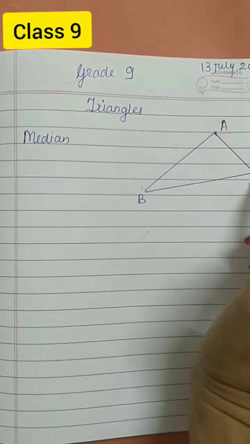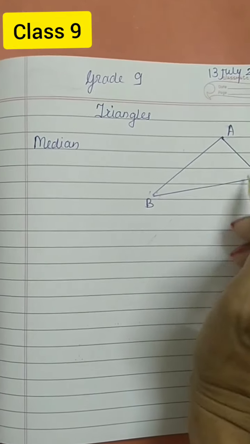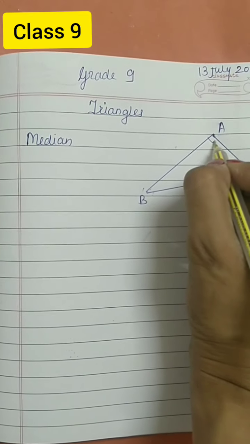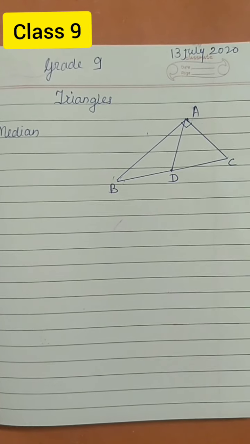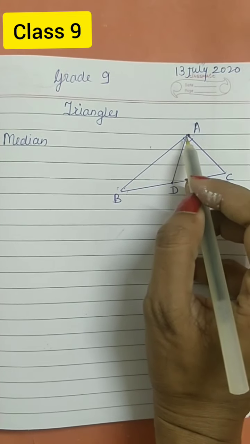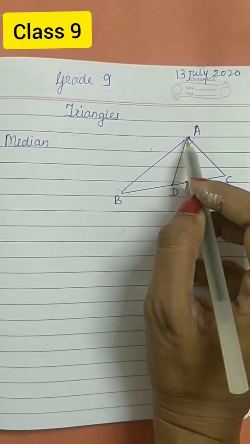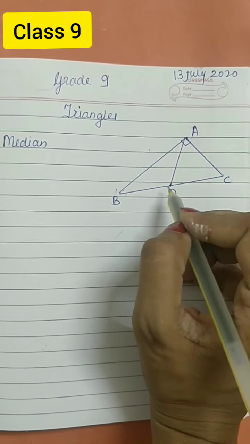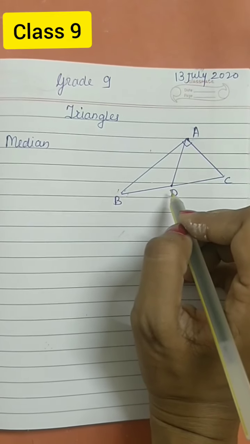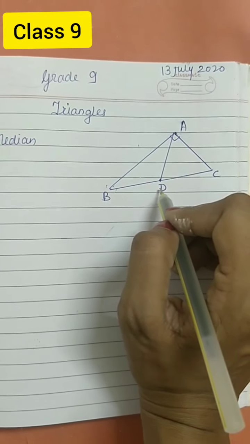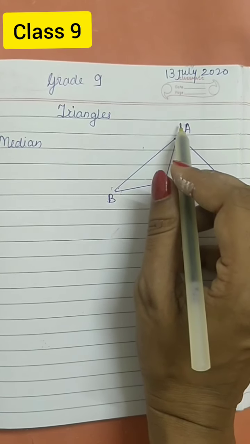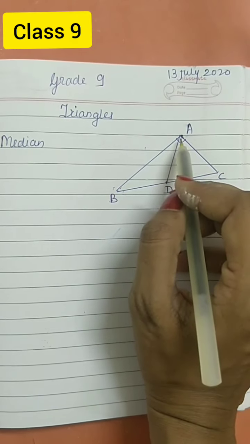But can you see this triangle? This triangle ABC is a right angle triangle, and now see this line AD. This segment is joining this vertex A to the midpoint of this line BC, and this midpoint is D. So the segment joining a vertex and the midpoint of the side opposite to it.